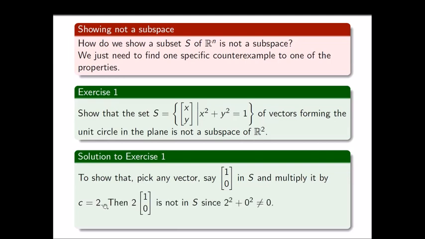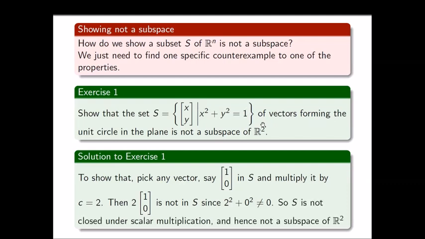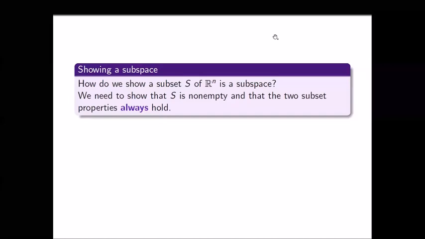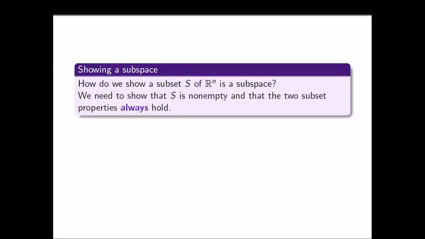That tells us that 2 times the vector (1, 0) is not in S, because when you take the sum of the squares of the entries, it ends up being 4, which is not the same as 1, which was the defining condition of this set. So S is not closed under scalar multiplication, and for that reason it cannot be a subspace of R2.